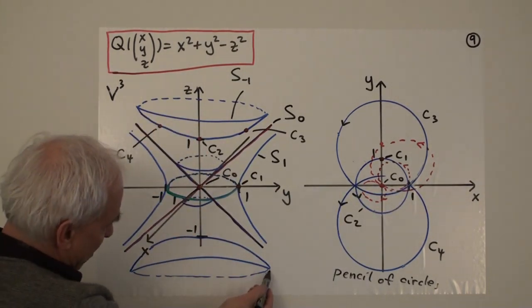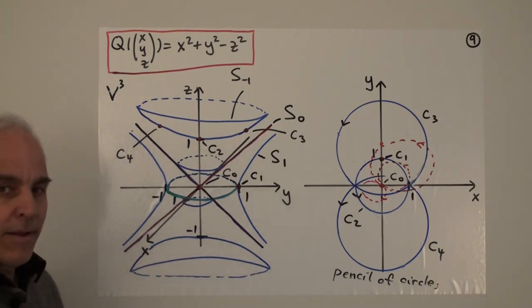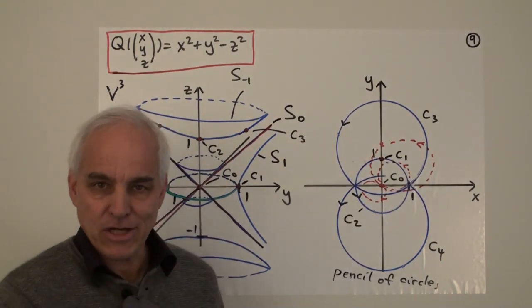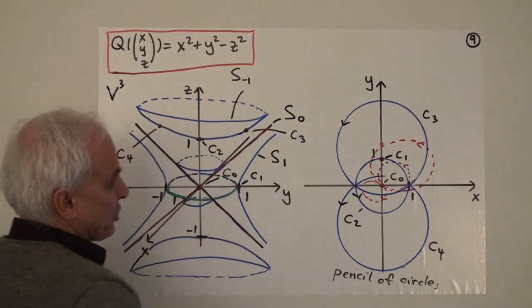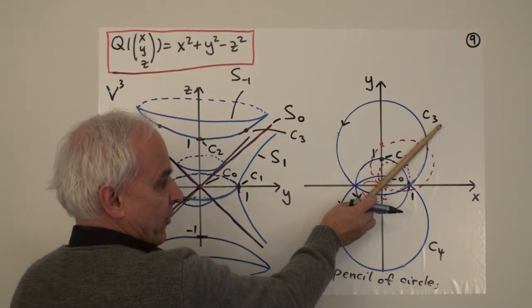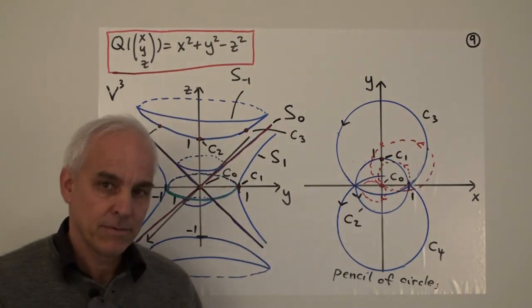If we looked at the corresponding sort of section of the hyperboloid down here, then we'd be looking at really the same circles, but they'd all have negative orientations. And if we went in some different direction, well, instead of having all the centers along here, we'd be looking at a pencil of circles whose centers would all be on some other line like that, still going through here.